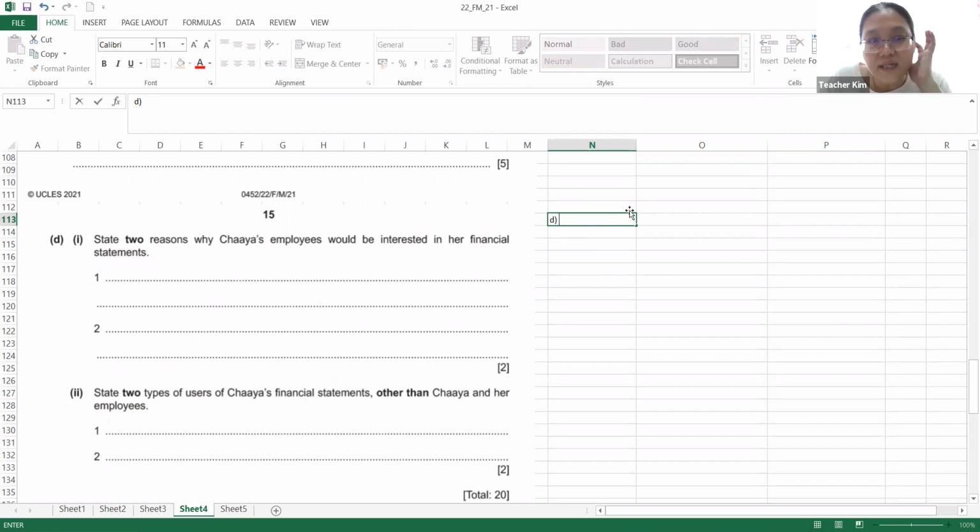State 2 reasons why Chaya's employees will be interested in her financial statements. This is the employee. Employees only care about the salary, whether got increment or not. So we talk about their increment.